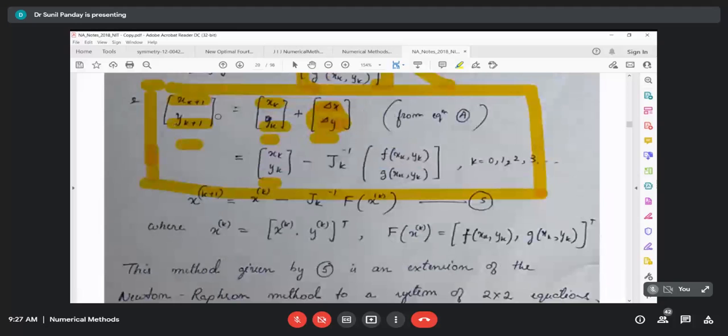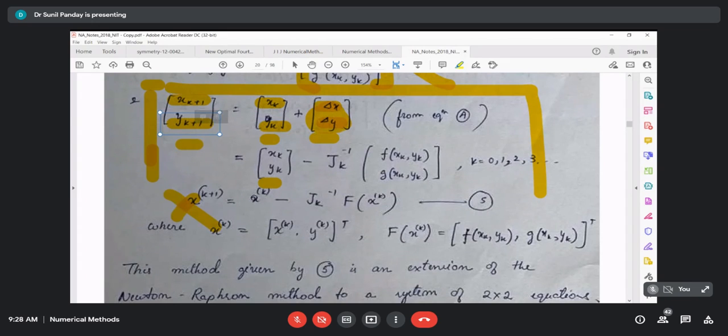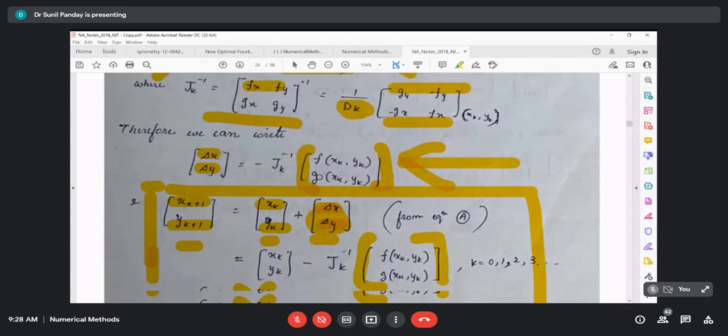We also write this in terms of a matrix equation. Instead of small x, we generally write a capital X. Now capital Xk plus 1 means this matrix, capital Xk means this matrix, f of Xk means this matrix, and jk inverse is the same as earlier.